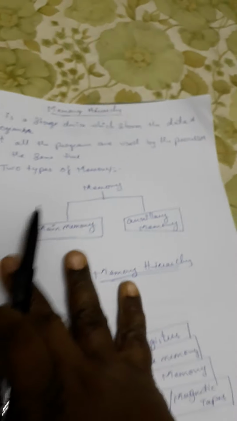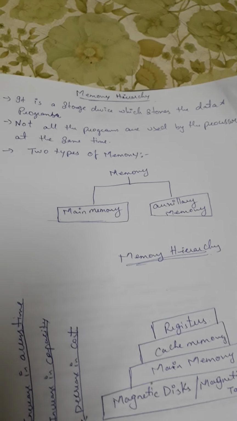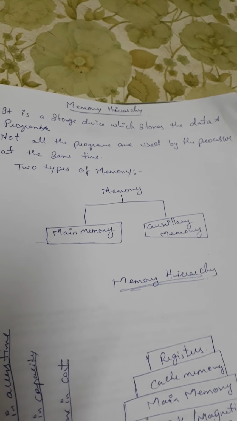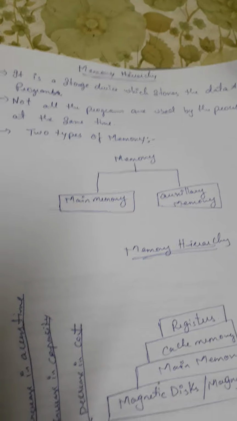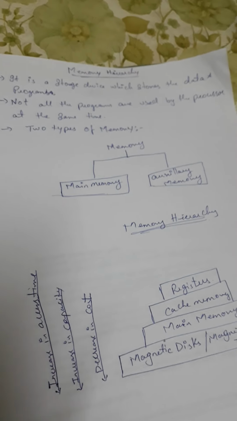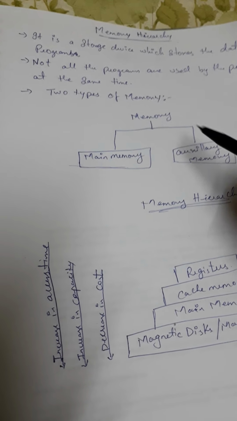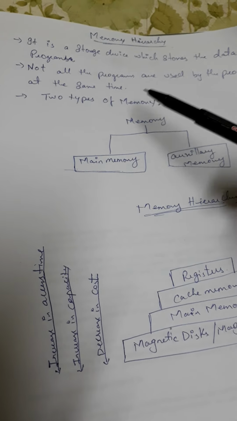So let us start with the definition of a memory. As you know, memory is a storage device which stores the data and programs. It is used to store the data and the programs used by the programmer or the user.